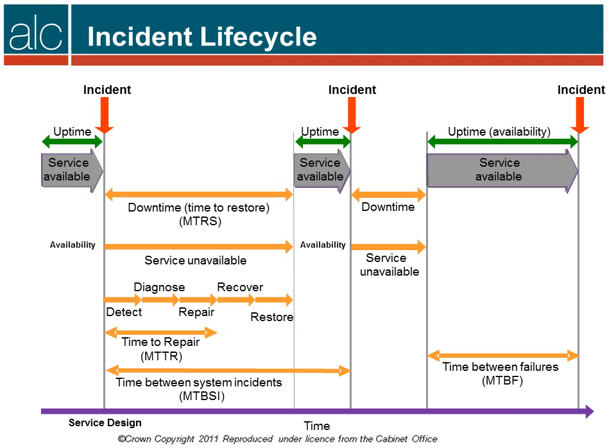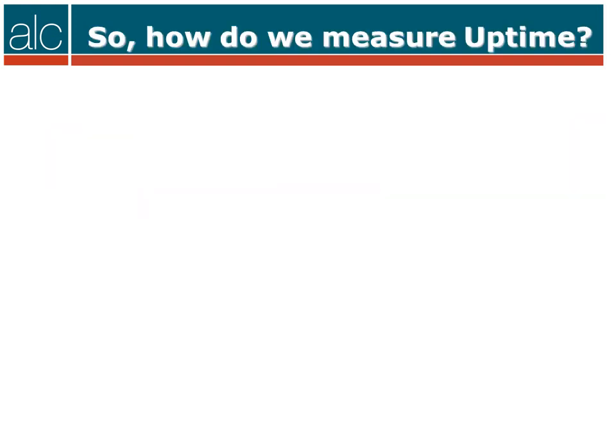This is how we measure the incident life cycle. Do you still remember the formula to calculate uptime? If not, refer to your material. But if you did not manage to copy down the formula, here's how we measure uptime.